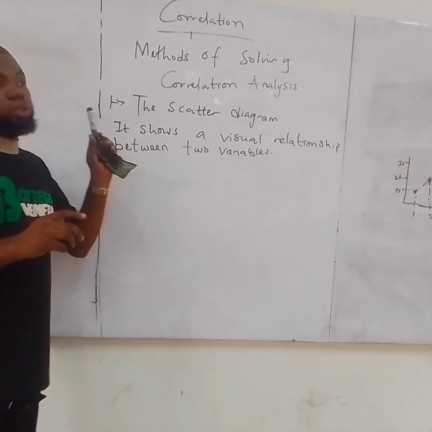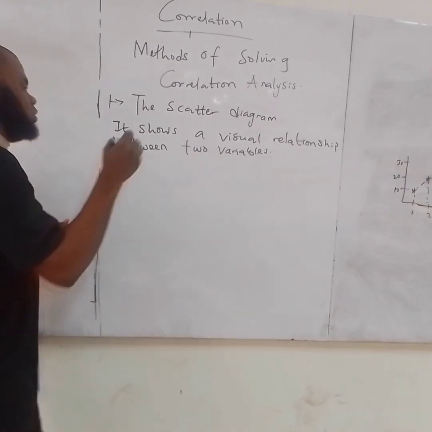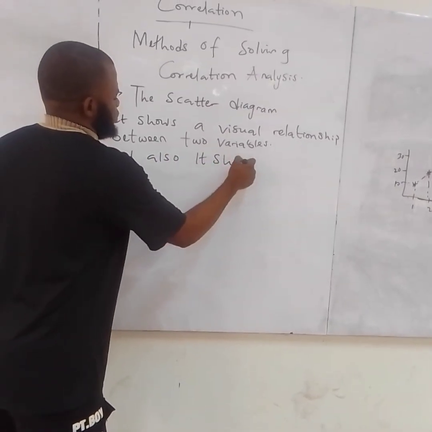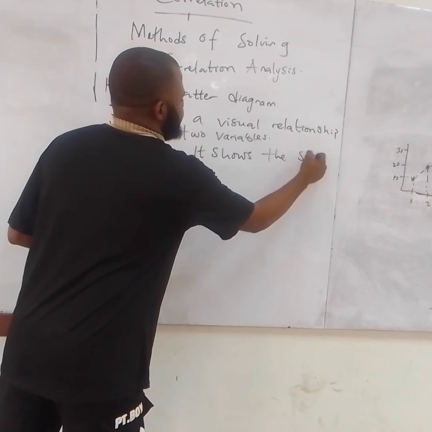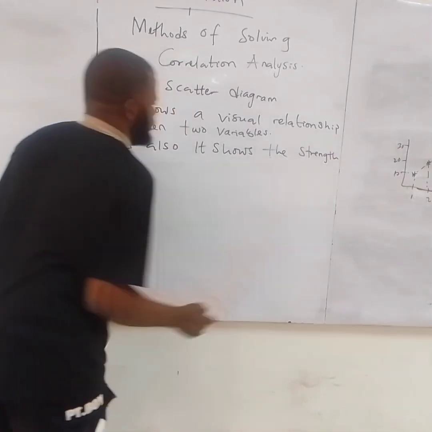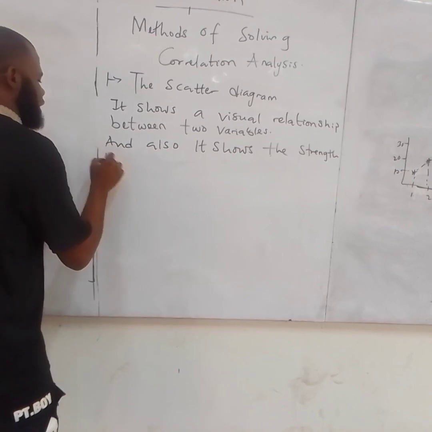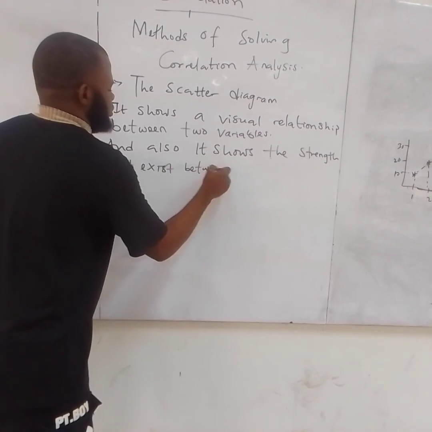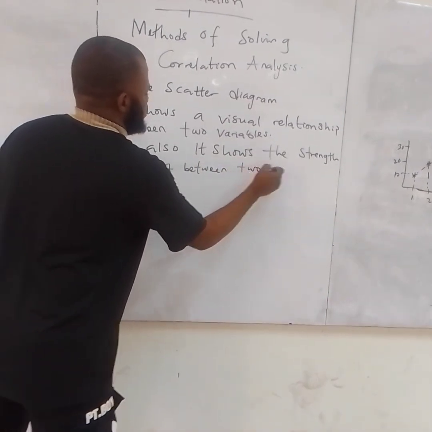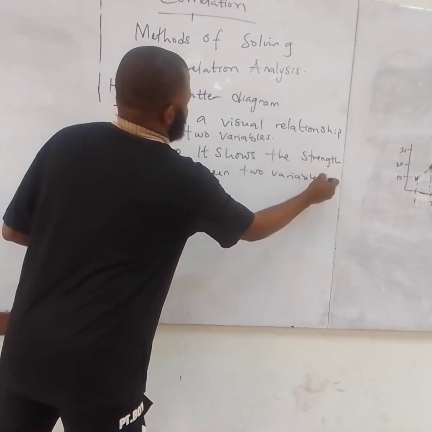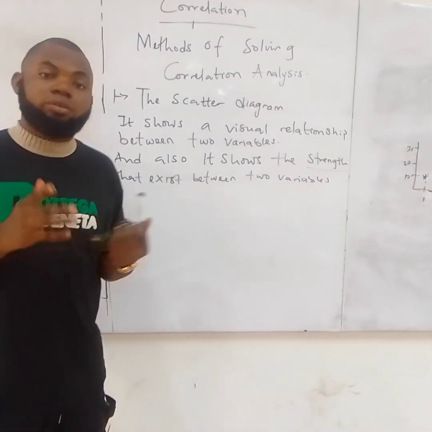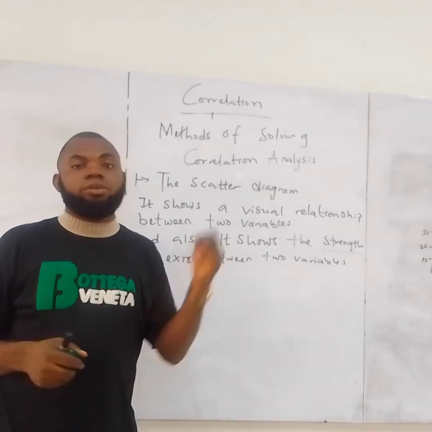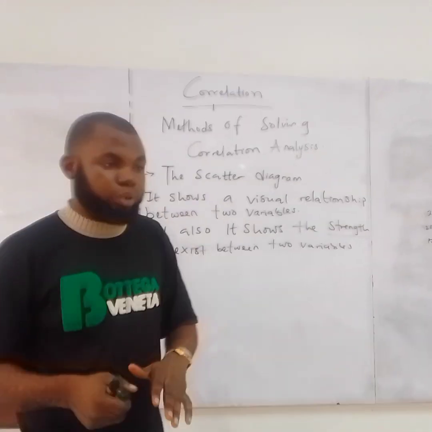That is basically what a scatter diagram does. And also it shows the strength that exists between two variables. The strength is telling you that it can be either positive or negative, in case you don't know. The strength simply talks about the positive aspect and the negative aspect of it.